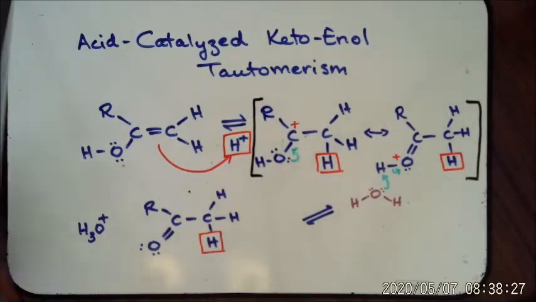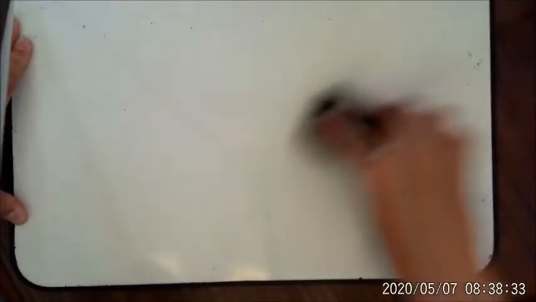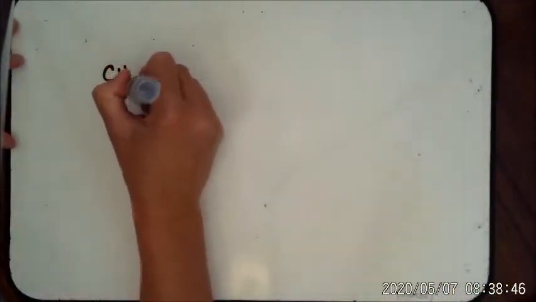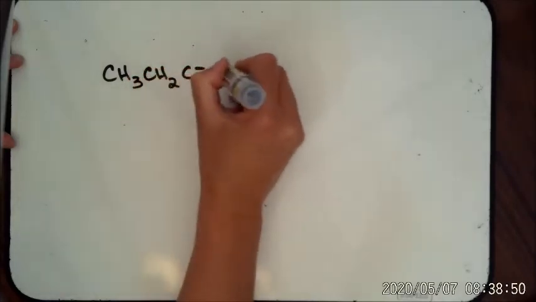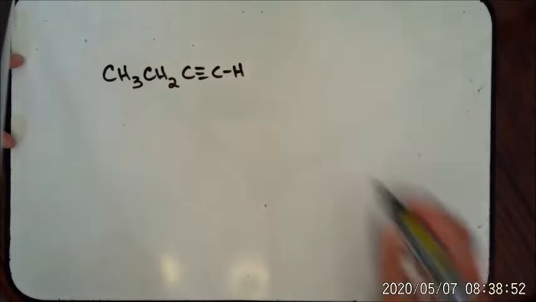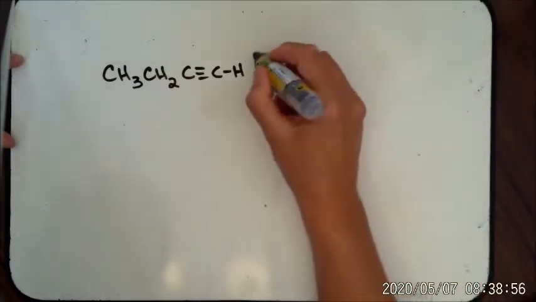So, in summary, when we look at the addition of water across an alkyne, you don't form an alcohol.